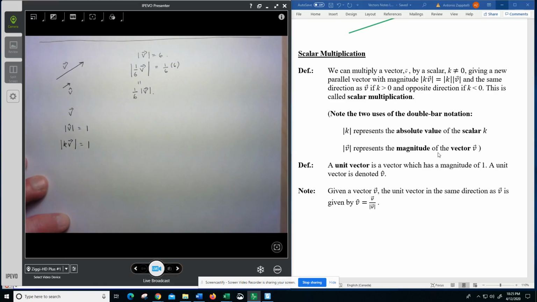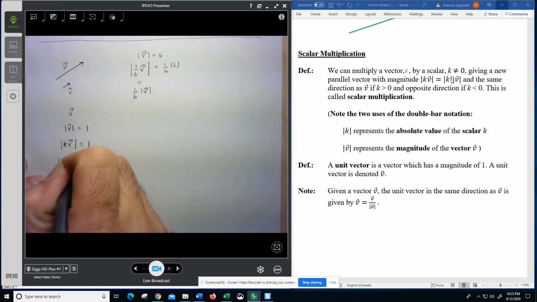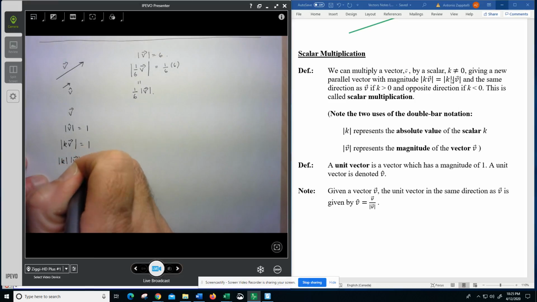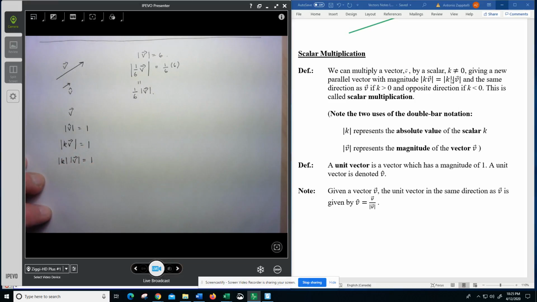So the question is, what's k going to be equal to? Well, let's apply our definition for the magnitude. This is just going to be the absolute value of k times the magnitude of v, and this needs to be equal to 1, and so k is just going to be 1 over the magnitude of v.